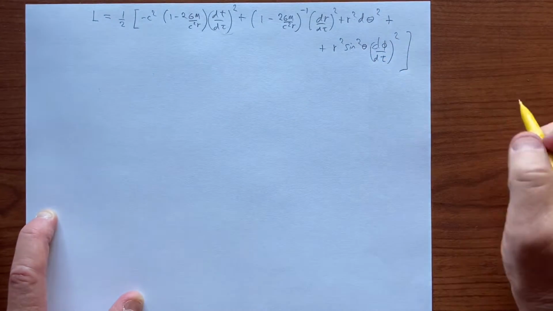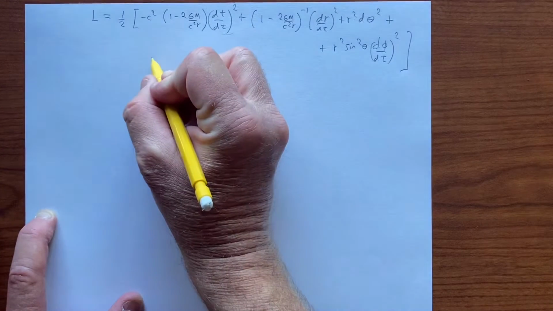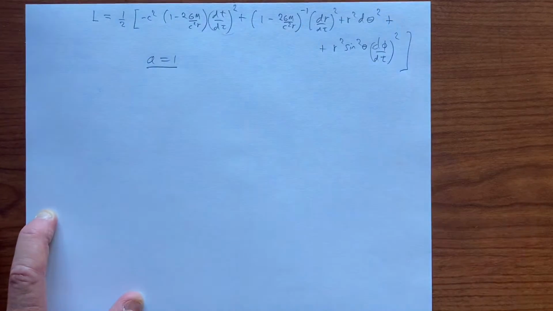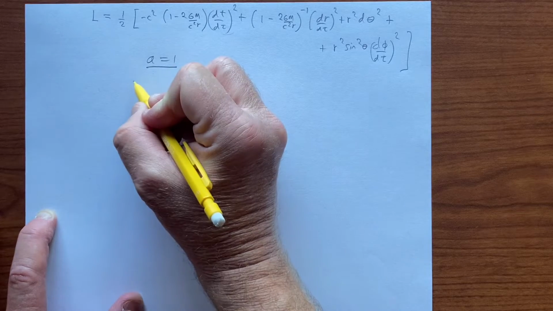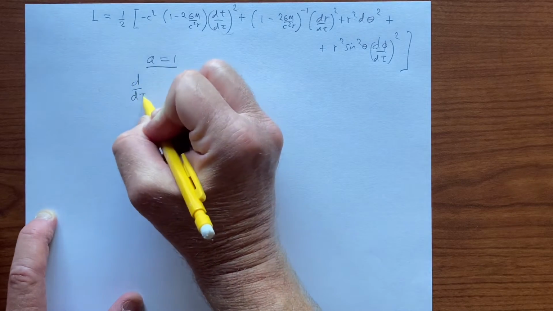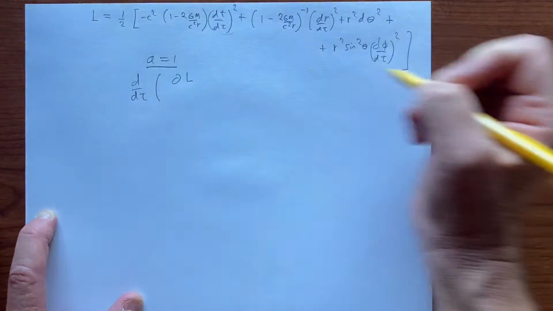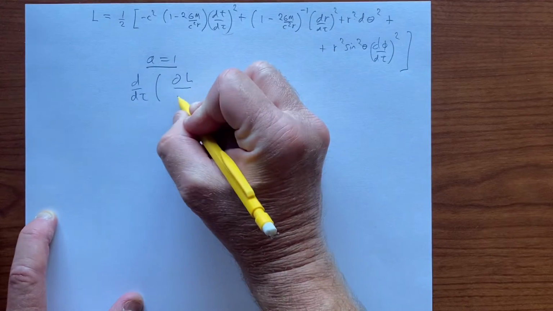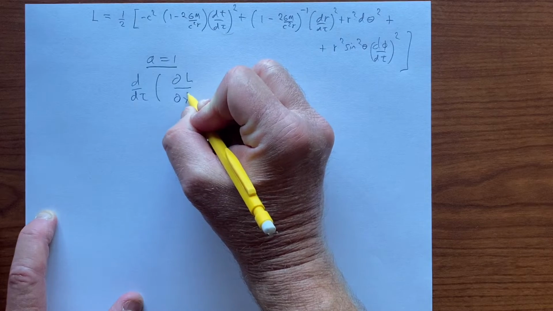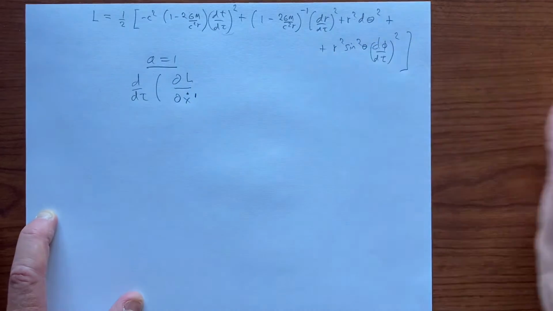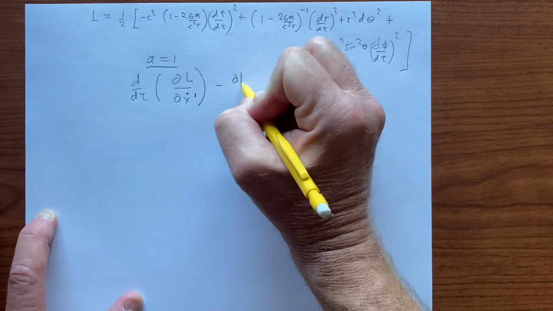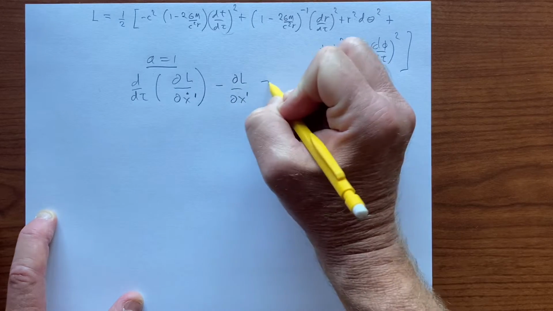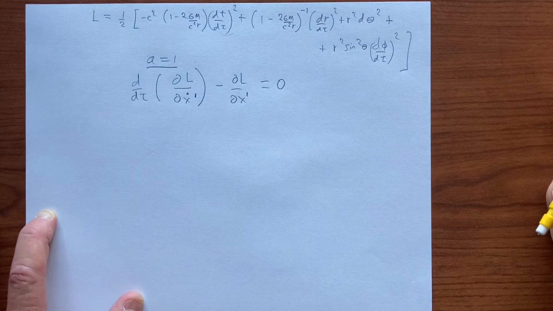Okay, so for a equals 1, we're constructing the Euler-Lagrange equations: d/dτ of ∂L/∂x1 dot minus ∂L/∂x1, and setting that equal to 0.